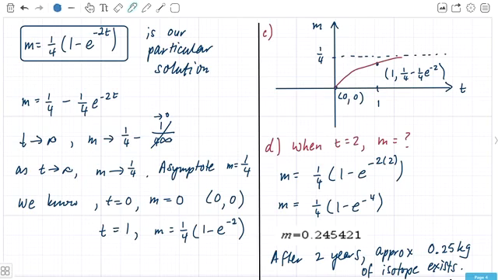So you've looked at the time and you've factored that into your solution for the differential equation. A good example again of constructing a differential equation, finding a solution, graphing that solution, always looking at asymptotic behaviour, particularly as your independent variable approaches infinity. That's a good way of finding asymptotes, and then using substitution to find a solution for m when t is equal to 2 years.